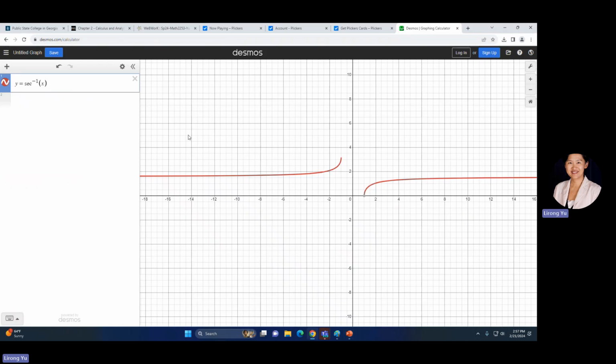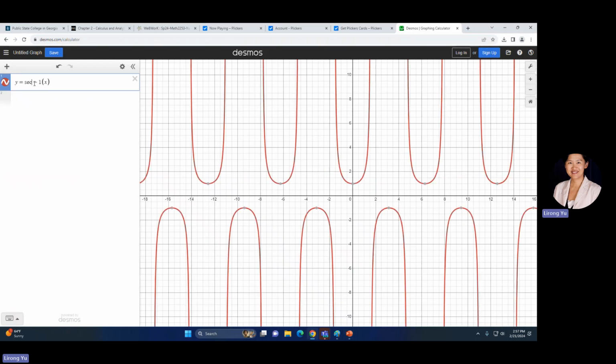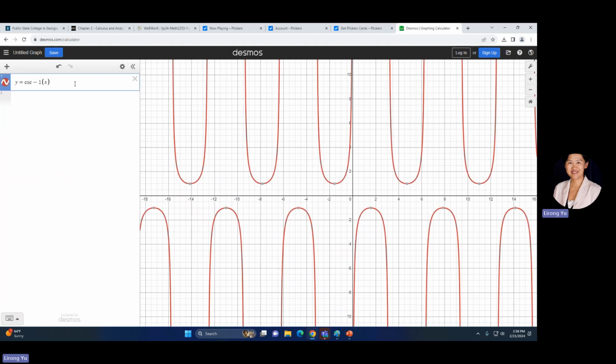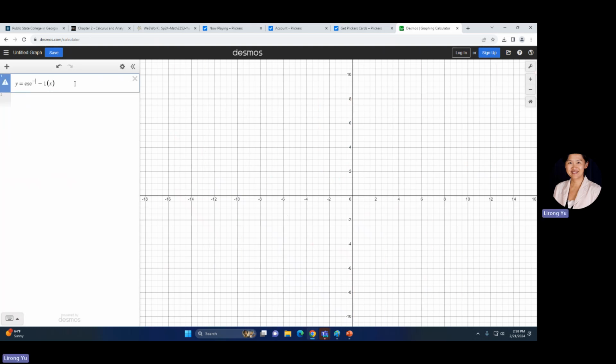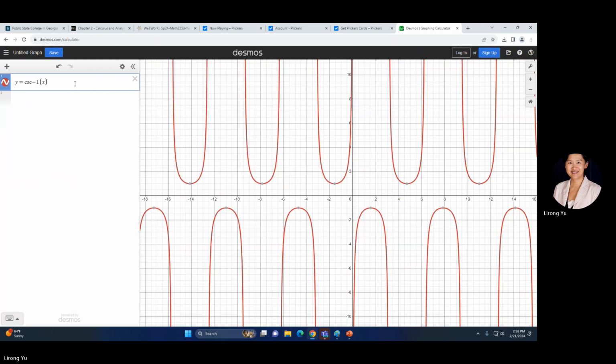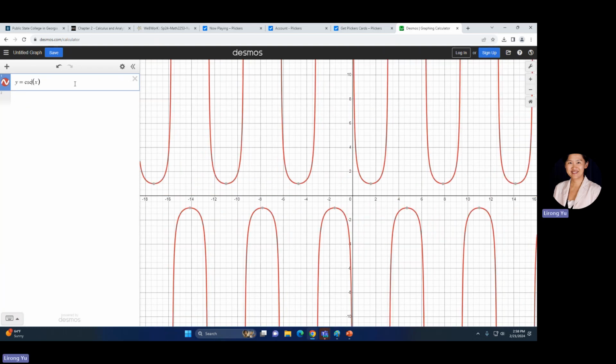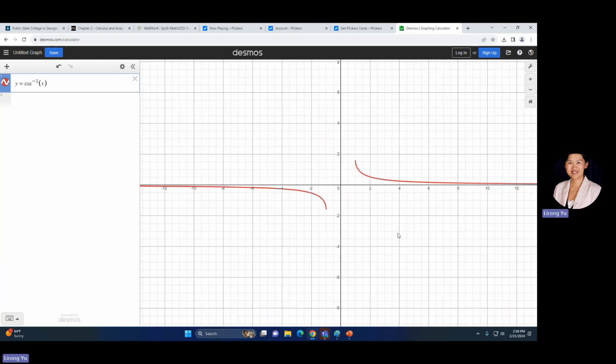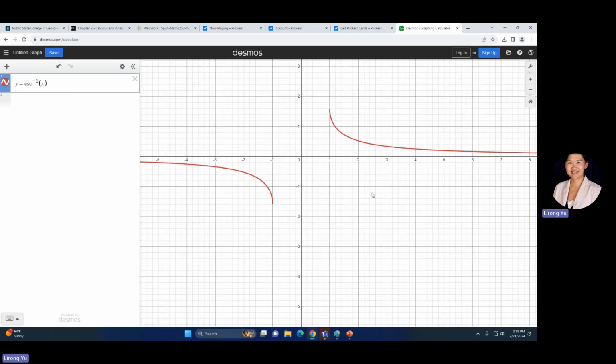To have a negative slope means the function would be decreasing. So it would always have negative slope. Yes, so this is a cosecant inverse. It will always be decreasing. For any given x value, it would always be decreasing.